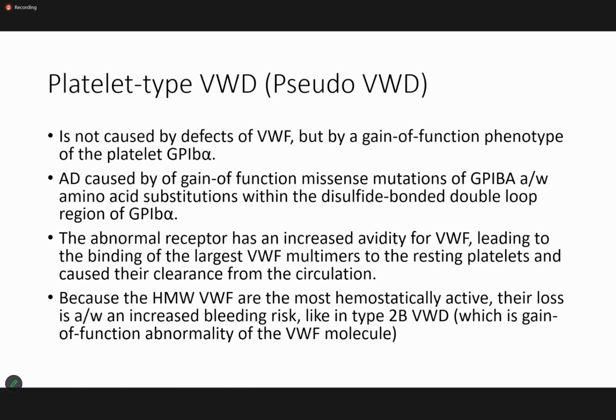Their loss is associated with increased bleeding risk, like in type 2B von Willebrand disease, which is a gain of function abnormality of the von Willebrand factor molecule. Okay, this is the difference between these two.